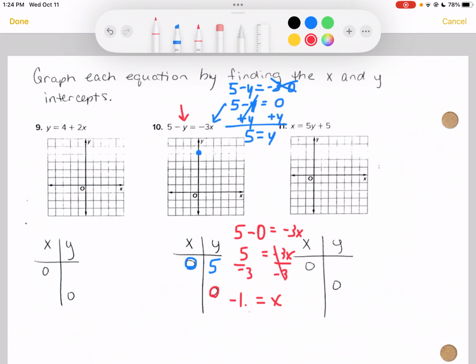Negative 1.6 repeating. And that's going to freak you out probably, okay? But just means go left a little bit and then up 0. So left 1.6. So left to 1 is there. Left to 1.6 is about there. And then we're going to draw a line through those 2 points.